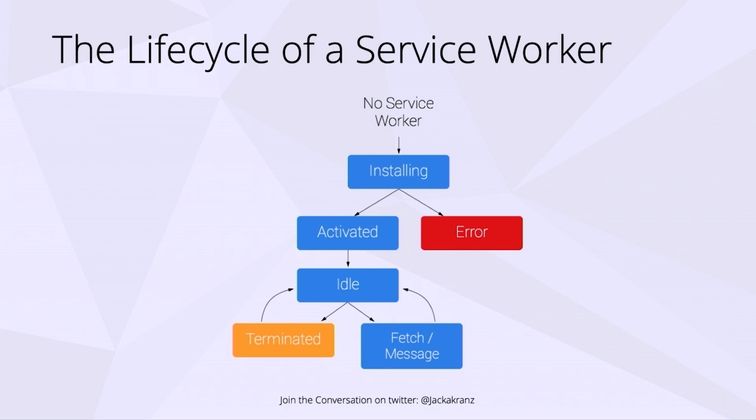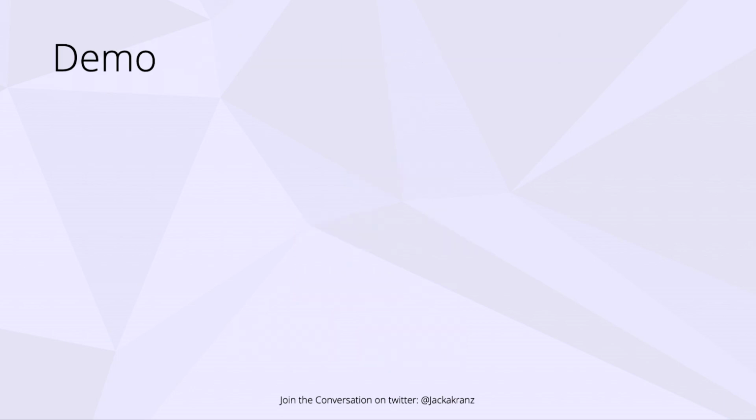Because they are running on separate threads, we can't directly interact with them, so we use this message API. And if you navigate to a different page, your service worker will become terminated and then reactivate and go back into that idle state when you get back into the app. Cool. So let's jump into the demo.